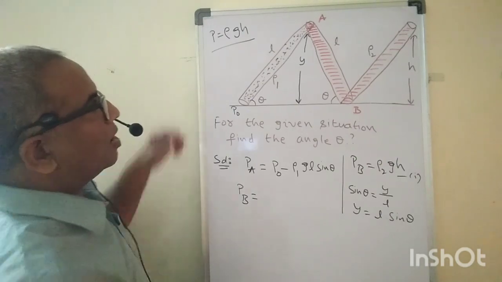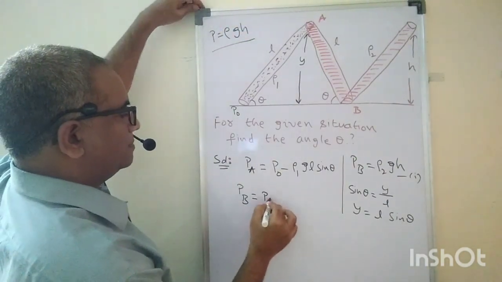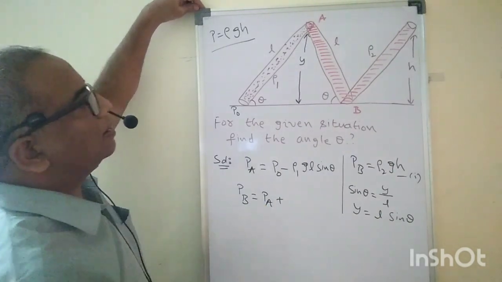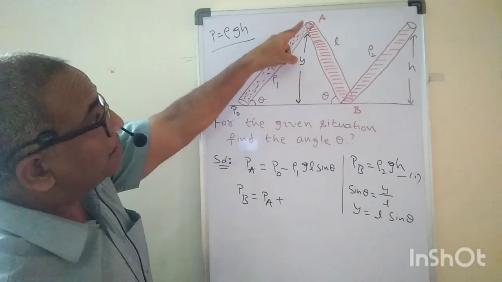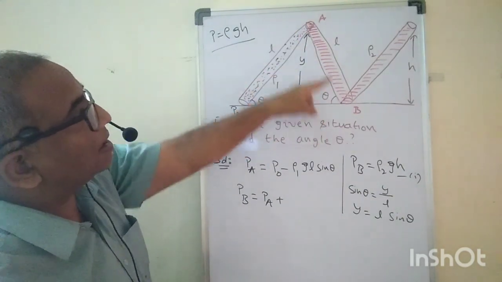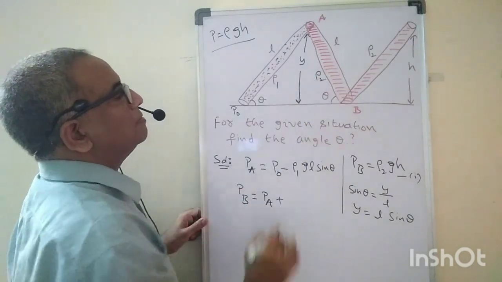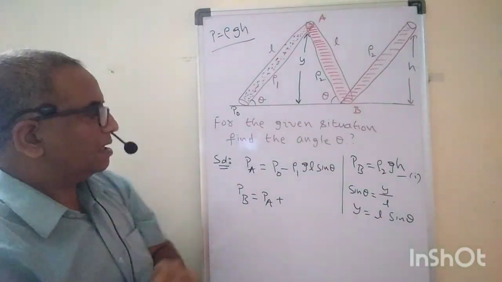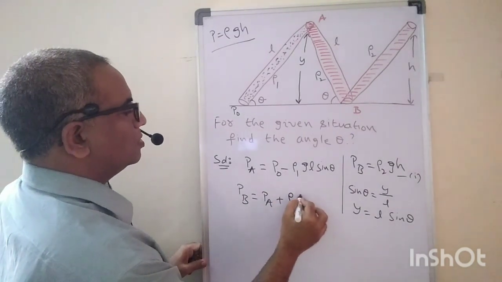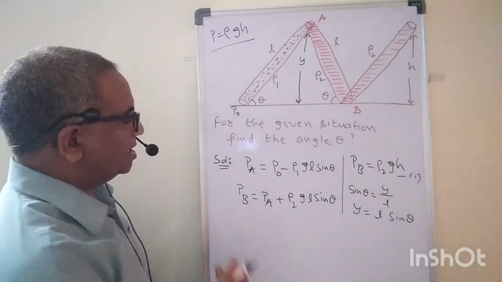The pressure at B is already pressure at A, plus the pressure due to this tube here. Here this one is rho 2, and the height y is equal to L sin theta. Therefore it is nothing but rho 2 GL sin theta. That is the pressure at B.